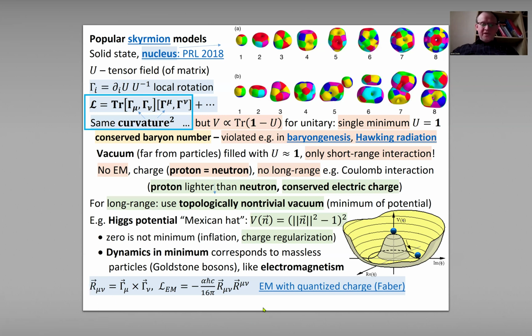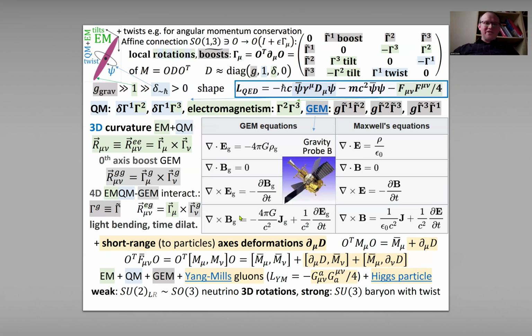It's very similar, but with this Higgs-like potential, the dynamics of rotation literally brings electromagnetism plus quantum mechanics plus gravity. So as mentioned, we have dynamics of this kind of object: this molecule-like elongated object, whose tilt dynamics will lead to electromagnetism.